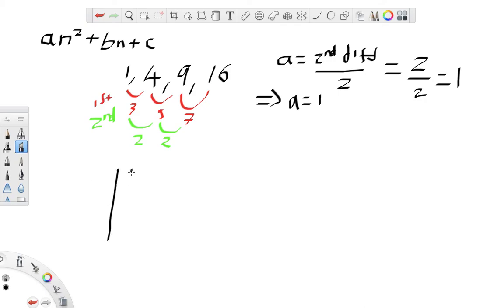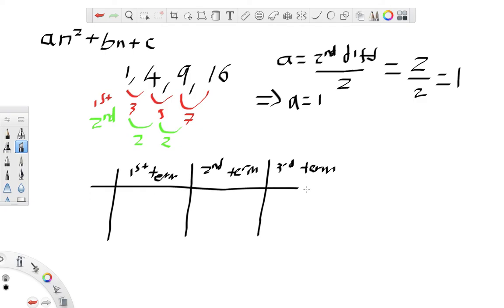So we'll have first term, then we'll have our second term. We'll just do the first 3 terms again, just like the table we did earlier. And then we'll have our third term. So we're drawing a little table.